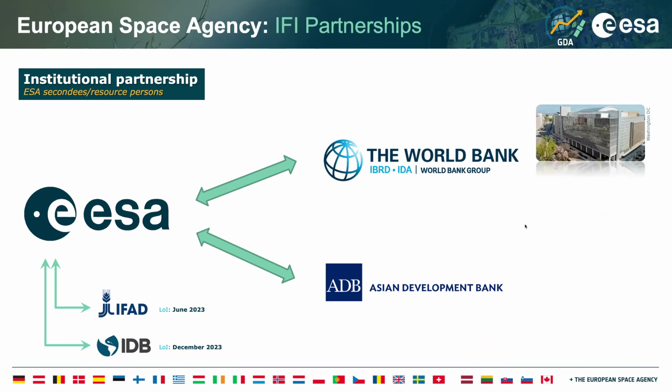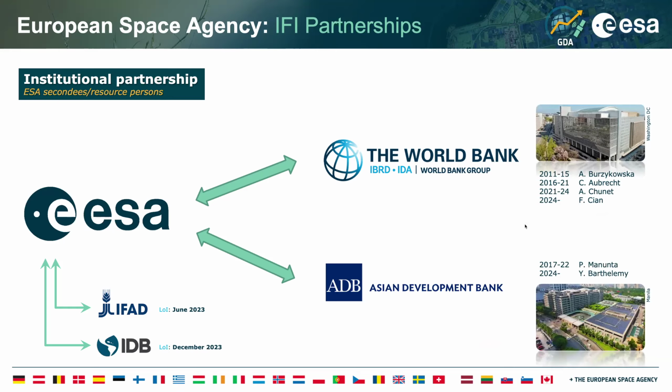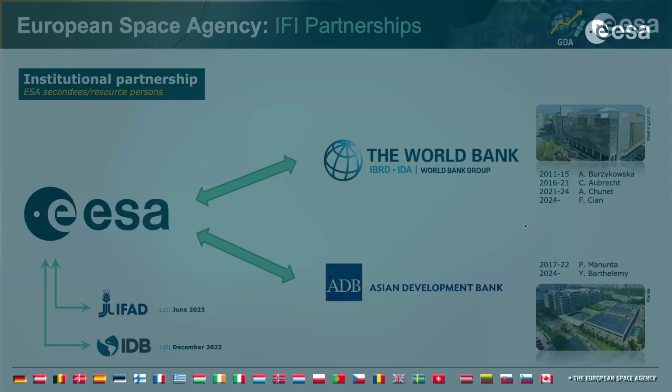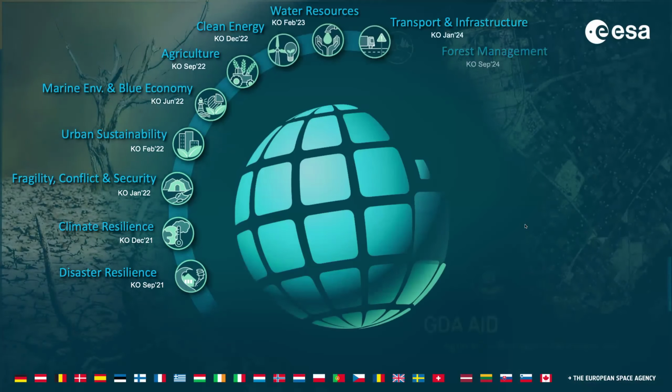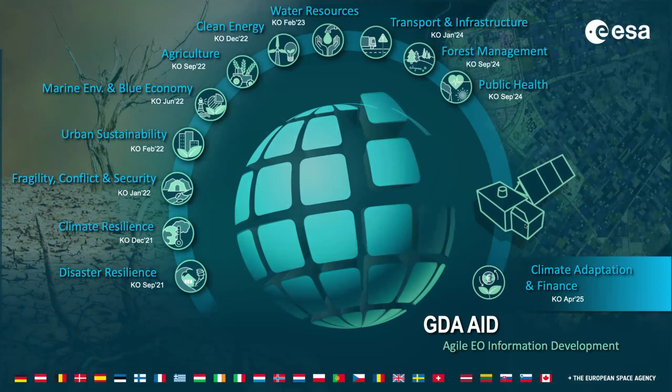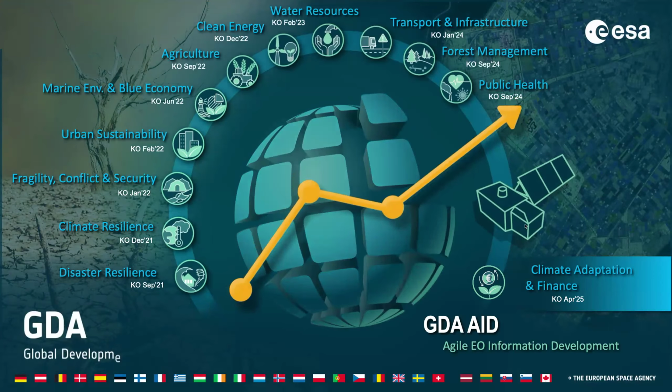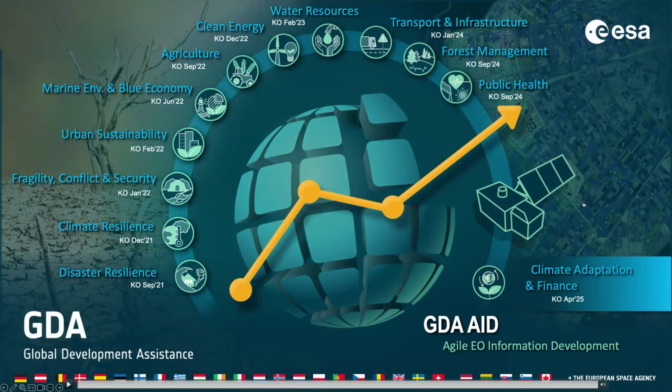With the main partners, ESA also has secondees in these institutions that are helping implement the program. This is myself at the World Bank currently, and we have Yves Barthélemy at the Asian Development Bank. The program has been implemented in different thematic areas, starting September 2021 with disaster resilience, and the very last that we launched only a few months ago, climate adaptation and finance.